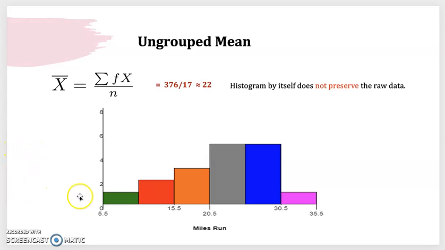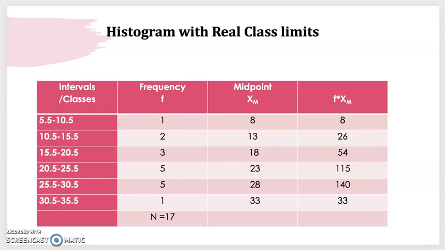Like earlier, in the range between 5.5 and 10.5 your midpoint is 8. We use the 8 times the frequency, so we got the value 8. Then the second category, you have 2 times the midpoint 13, so you have 26. After you add all together, divide by 17.